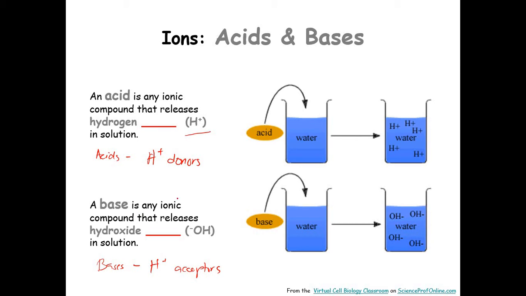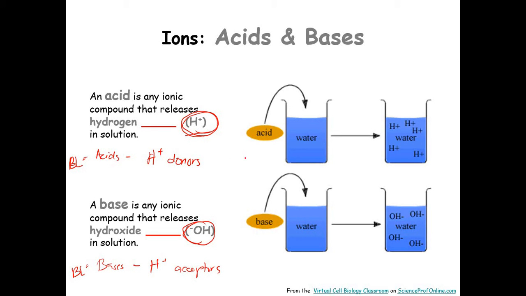When I say proton, it's just H+, okay? So that is the Bronsted-Lowry definition. And the Arrhenius definition is that an acid is any ionic compound that releases H+ in solution, whereas a base is any ionic compound that releases hydroxide ion in solution.